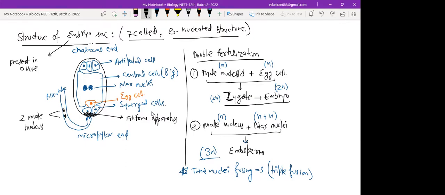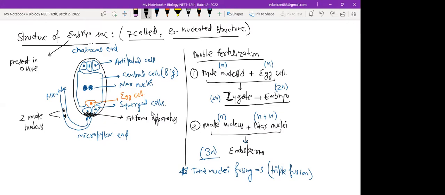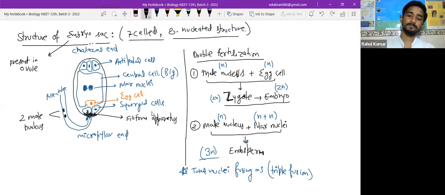Second question. What is double fertilization? Explain. And third question: define triple fusion, or what is triple fusion?